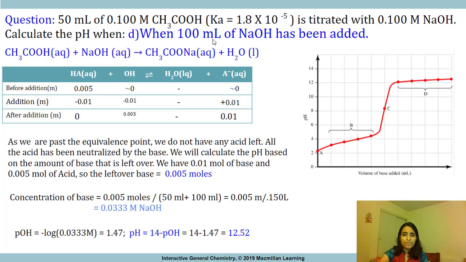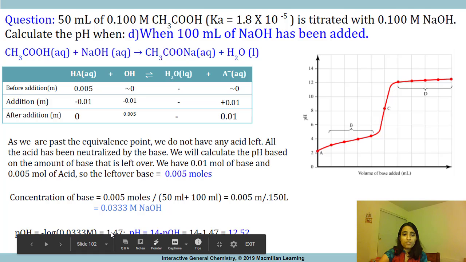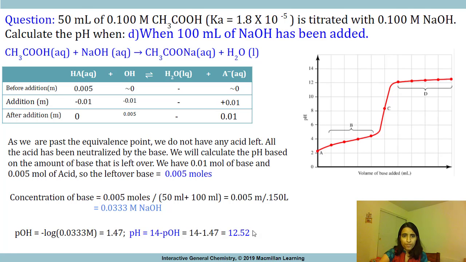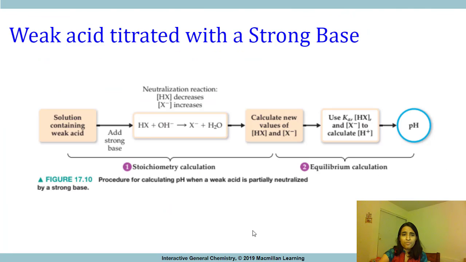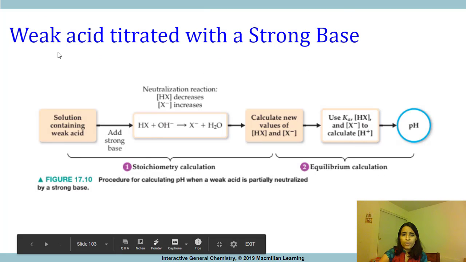So once we have the molarity, we can go ahead and find the pOH and then the pH, which is going to be 12.52. So students, with this, we have looked at the various parts of this graph where a weak acid was titrated by a strong base. And this is a very nifty little equation which can help you figure out how to do these kind of problems.